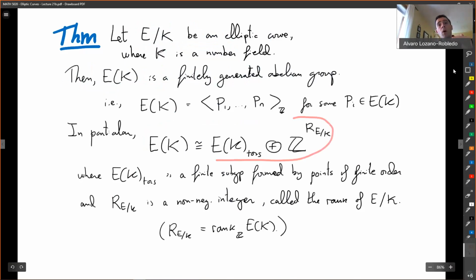So the weak Mordell-Weil theorem says that, if you go back, if this is finitely generated, so given this structure, what's going to happen if I mod out E modulo M times E, M some integer bigger or equal to 2, E modulo M times E is going to be a finite group.